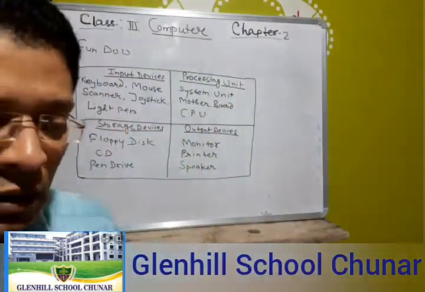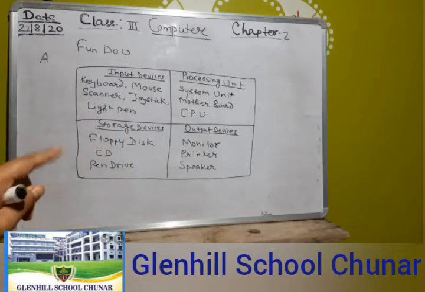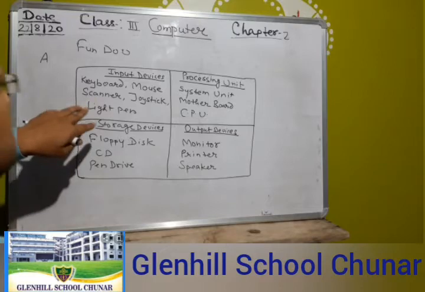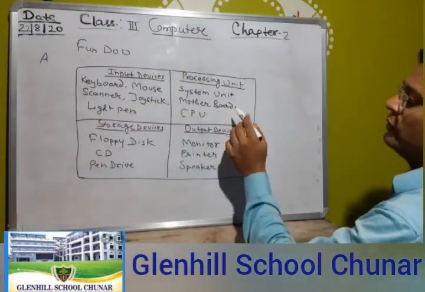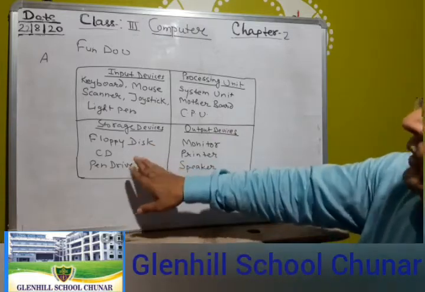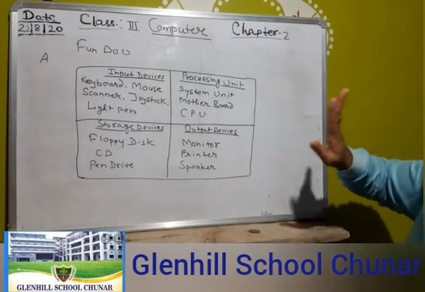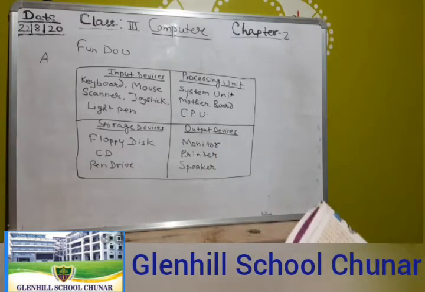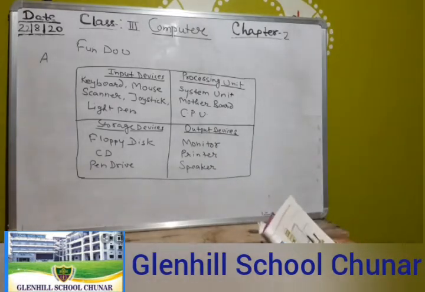Input devices: keyboard, mouse, scanner, joystick, light pen. Processing unit: system unit, motherboard, CPU. Storage devices: floppy disk, CD, pen drive. Output devices: monitor, printer, speaker. That's complete.